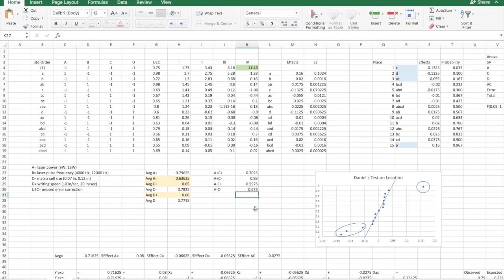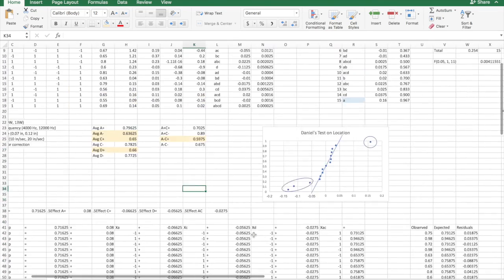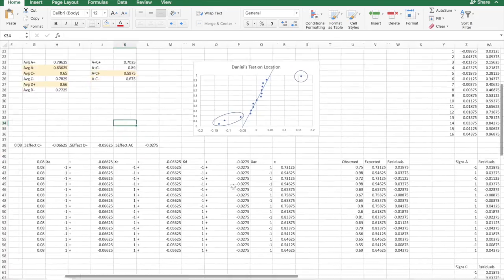Okay, yes. So from this one, if we want to minimize, we'd have to select A minus, C plus, which is A at its low level and C at its high level, which is what we obtain here. And now on dispersion, we have to consider also dispersion.